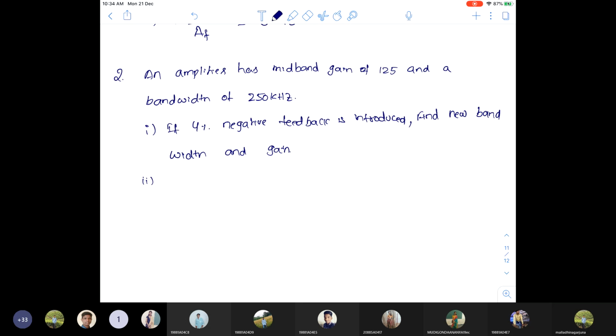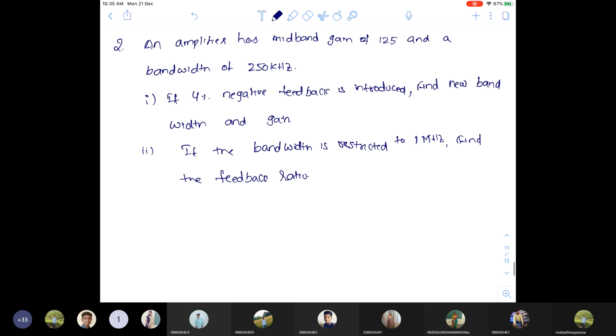Second bit, if the bandwidth is restricted to 1 megahertz, find the feedback ratio.